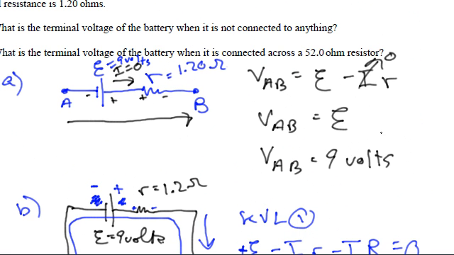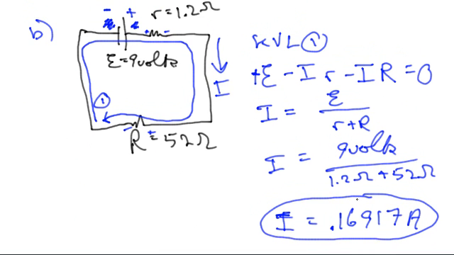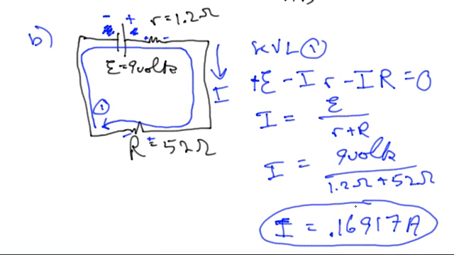What is the terminal voltage of the battery when it's connected across a 52 ohm resistor? So now I do that same thing. I'll sum from point A to point B. VAB is the terminal voltage.